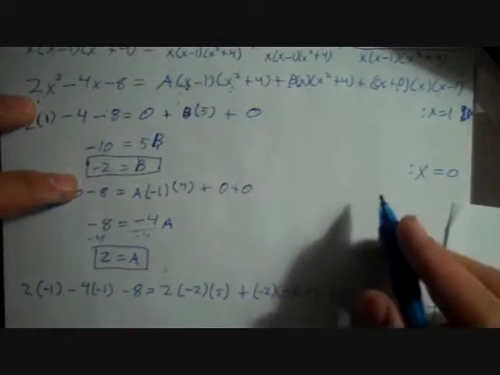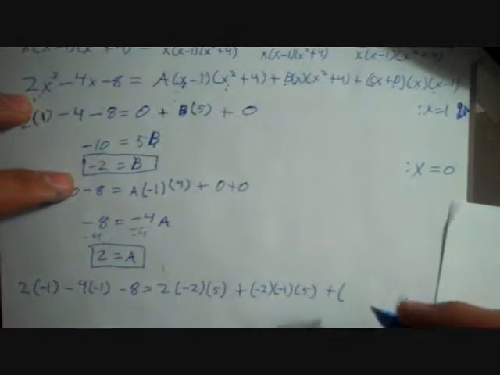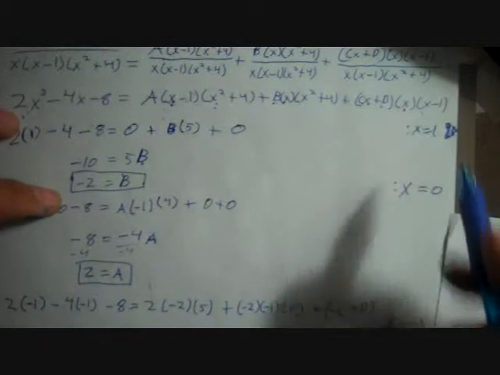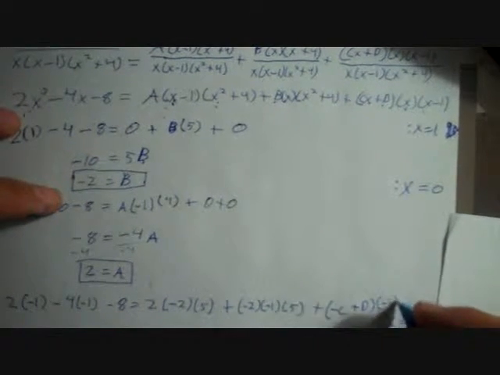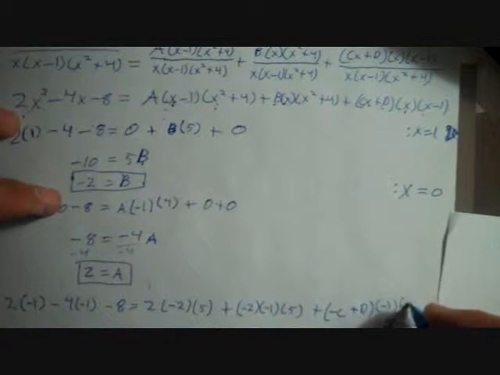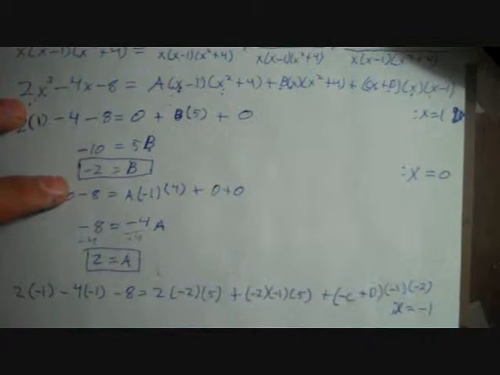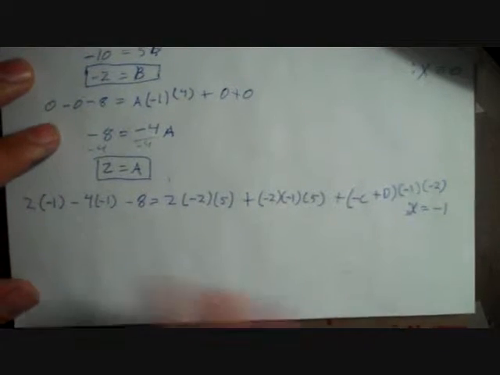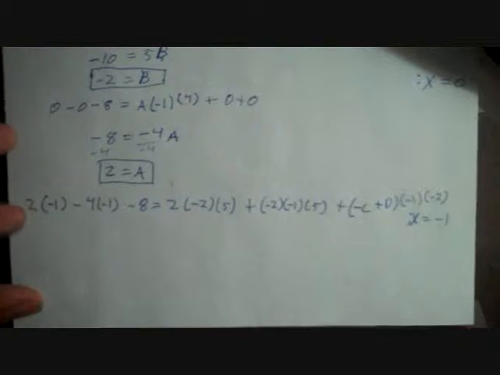And then finally we're going to add this to c times -1, well, that's -c, plus d, and this is all times x, which is -1, times -1 minus 1, so that's -2. Okay? So this is all where x equals -1. So this is kind of a long string, but it's pretty basic.